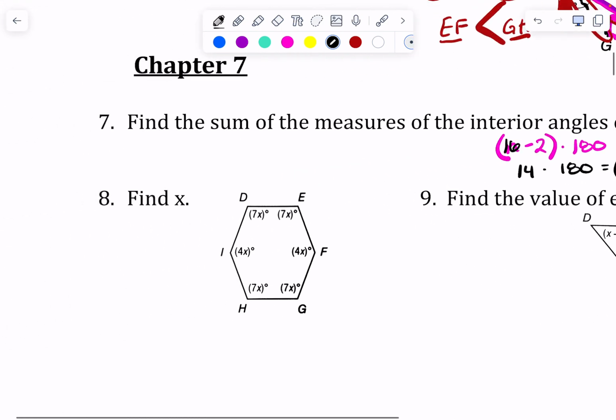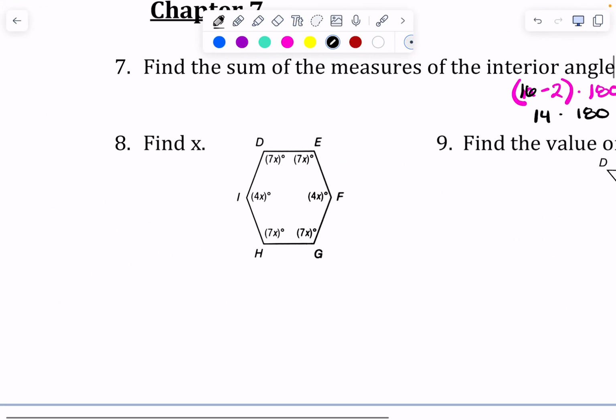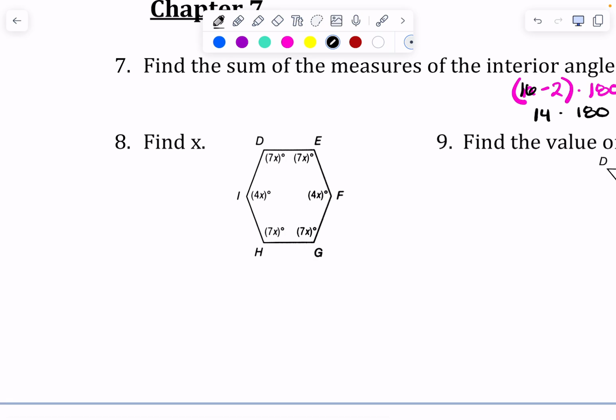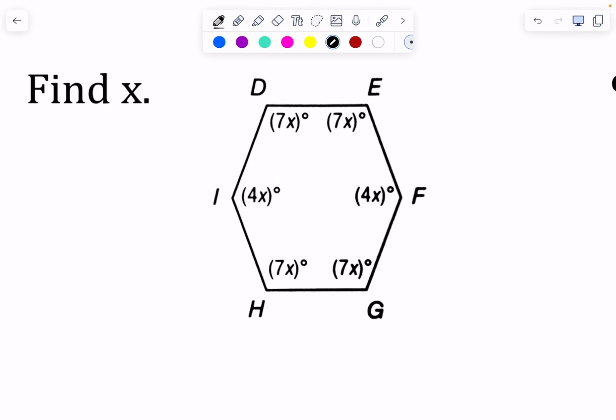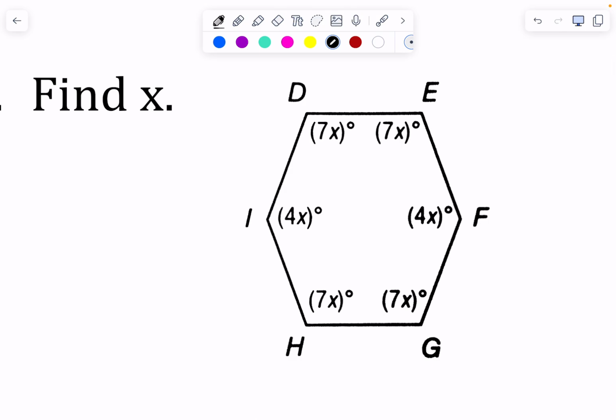Okay. All right, one more question before we get into the 4-sided figure stuff. So we have this figure. How many sides does it have? 1, 2, 3, 4, 5, 6. It has 6 sides. So if I were to add all of these angles up, how much would they add up to be?